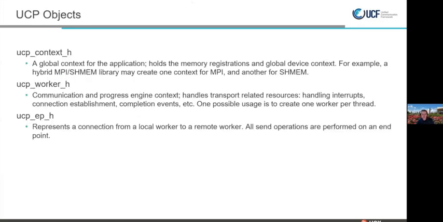We're going to talk about UCP objects, and we'll go through these several different times. So, hopefully, this will not be the only time we see it, but there are a couple different objects that you need to set up a connection between two endpoints. When we say an endpoint, basically we mean a remote piece of memory and a local piece of memory.